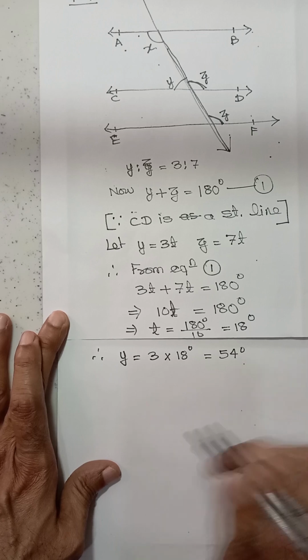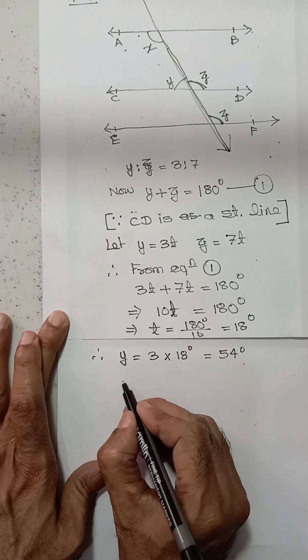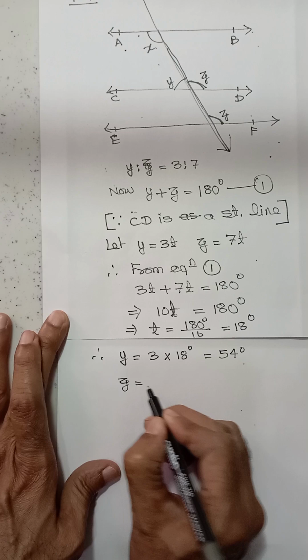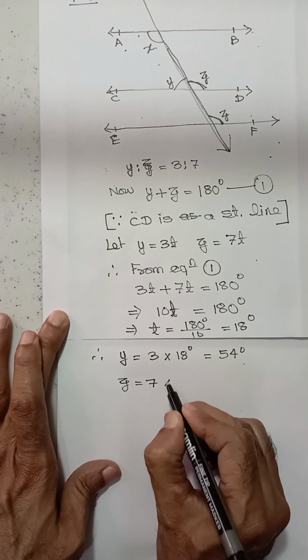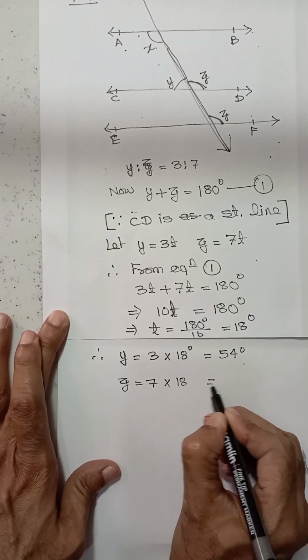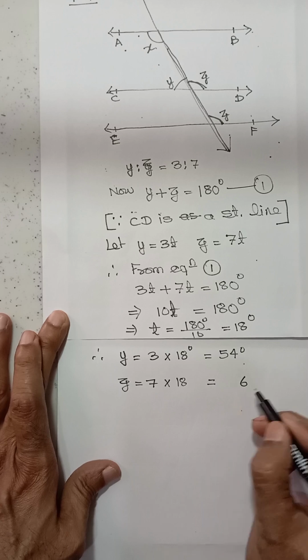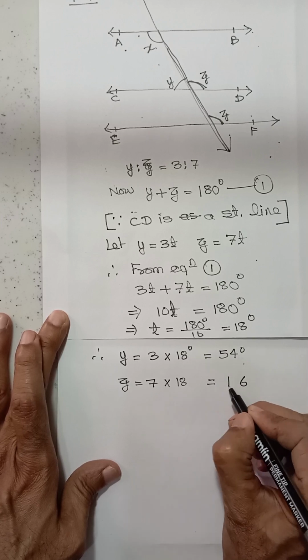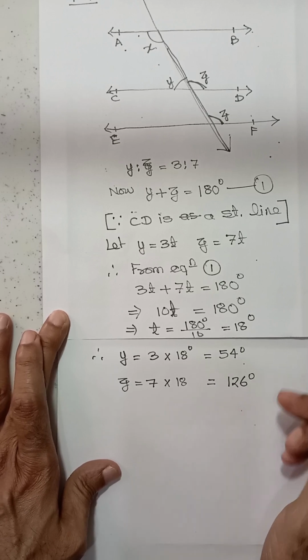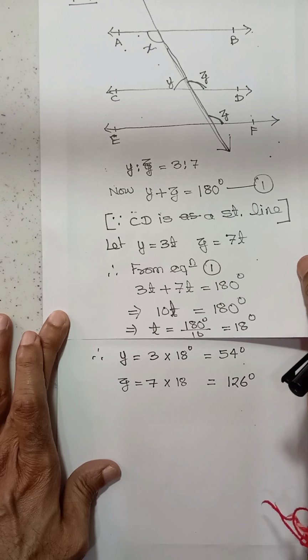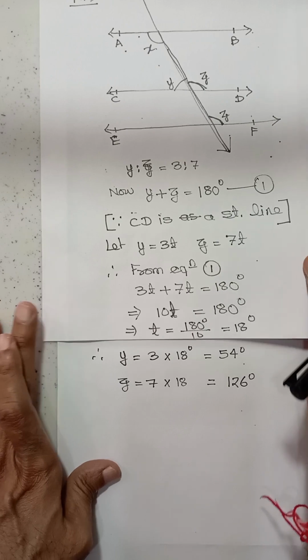So we have got the value of Y. And Z is equal to 7 into 18, which is 126 degrees. So we have got the values of Y and Z.